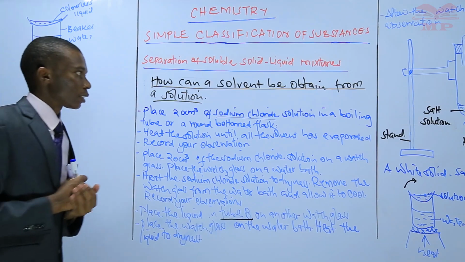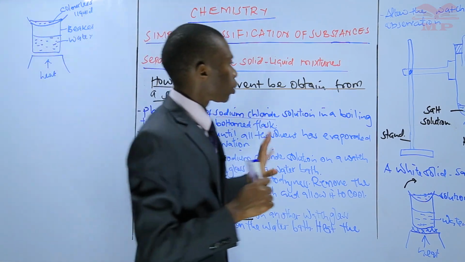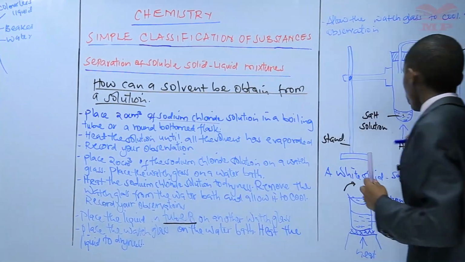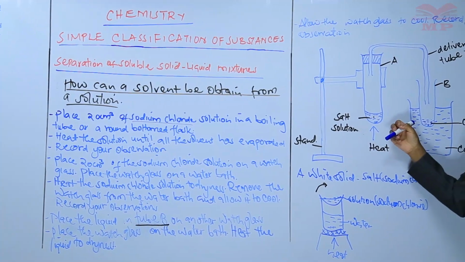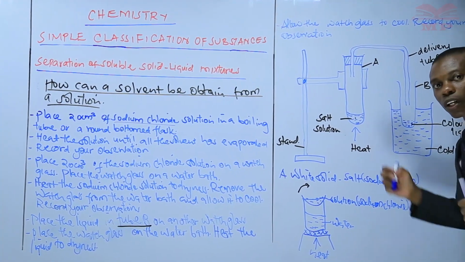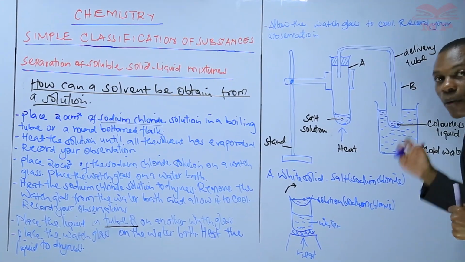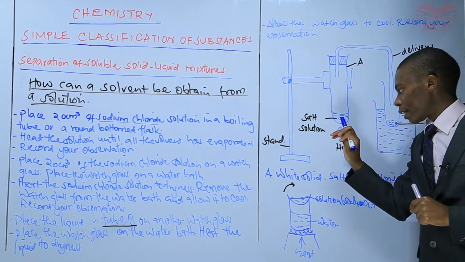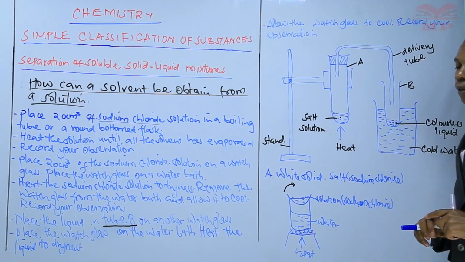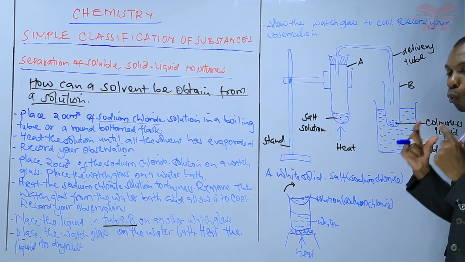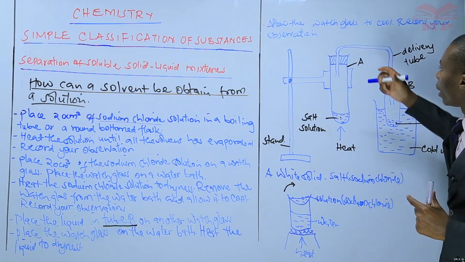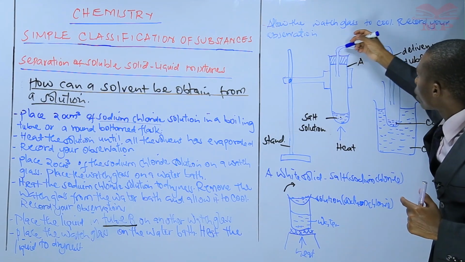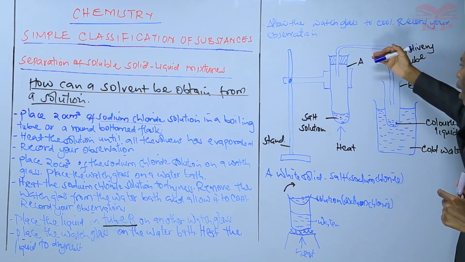Now, what happens when you heat this salt solution? When you heat this salt solution to dryness, water evaporates, leaving behind salt, which is sodium chloride. The water which evaporates now passes through this delivery tube as it condenses.